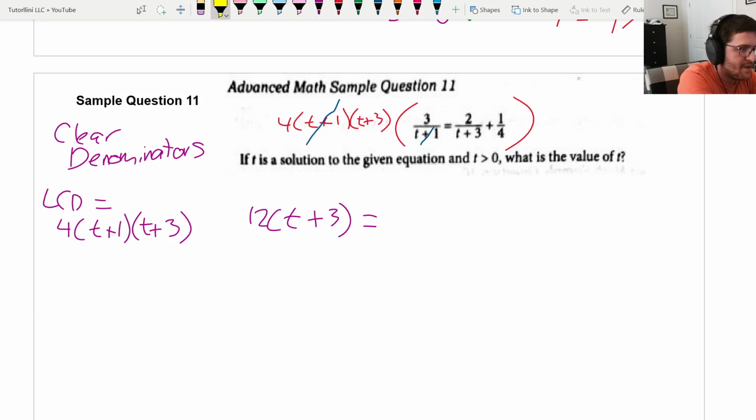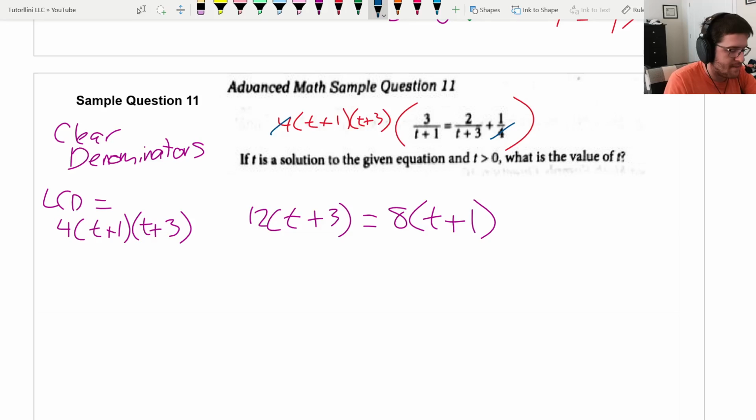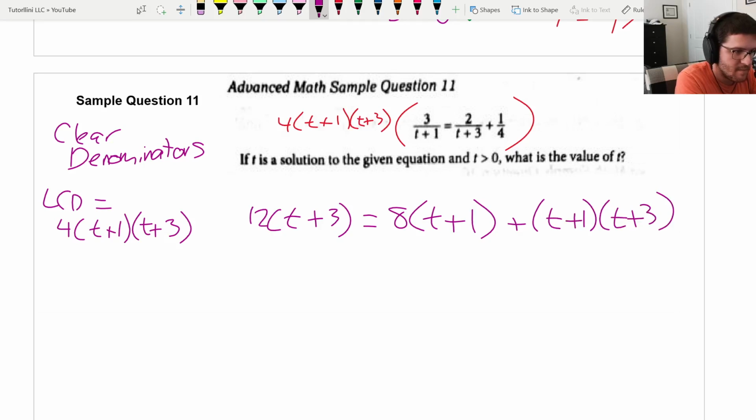And for the second one, the t plus 3 goes away, and we're left with 4 times 2, which is 8 times t plus 1. And now we're going to do this last guy. So the 4 goes away, and we just get 1 times that big mess, which is just t plus 1 times t plus 3. I think I did that right.